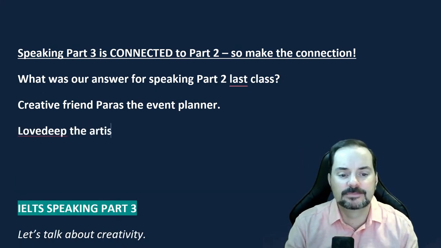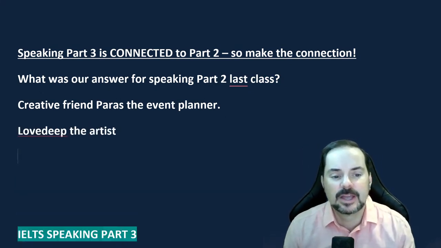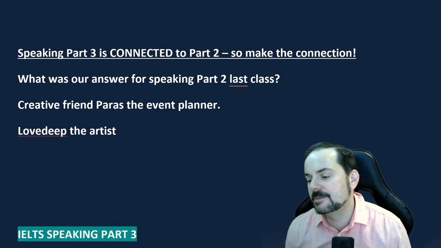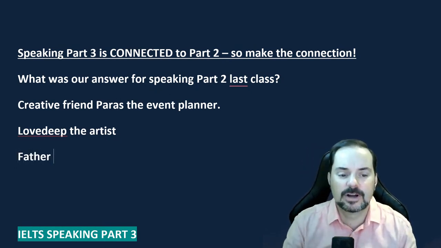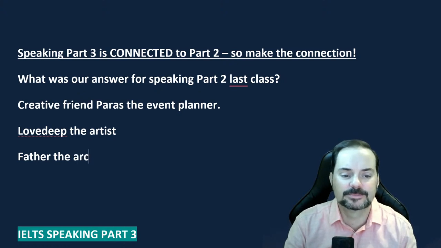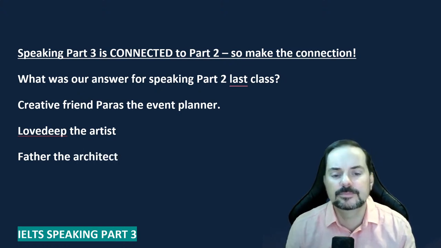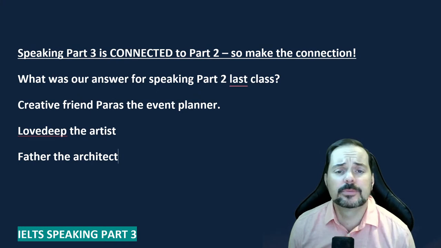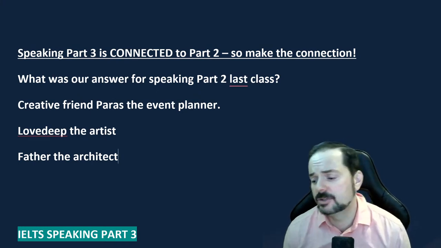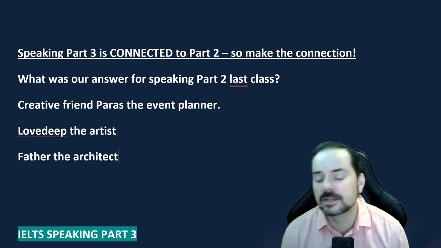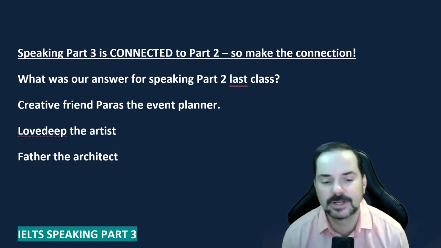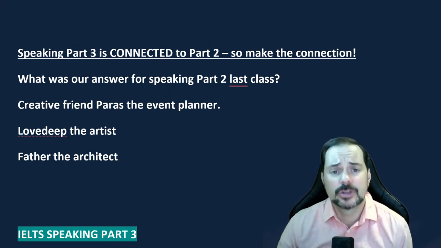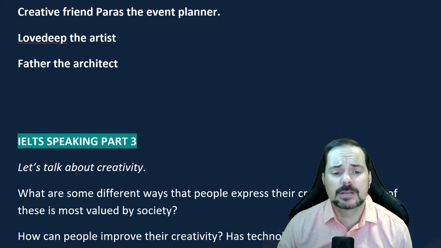The artist. Yes. And how about Sun? Anybody remember Sun's answer? Father, the architect. Okay, we also had some other really good ideas for part 2. So hopefully you did not forget about that. Yeah, absolutely. Very nice. So you want to make those connections in part 3.